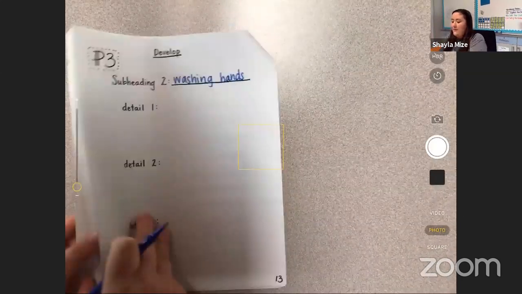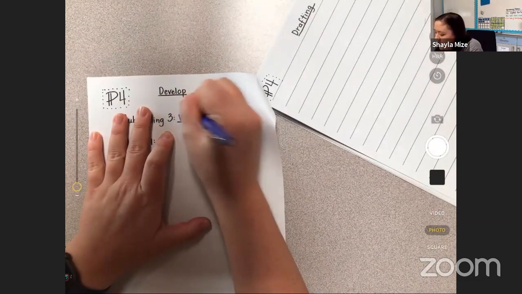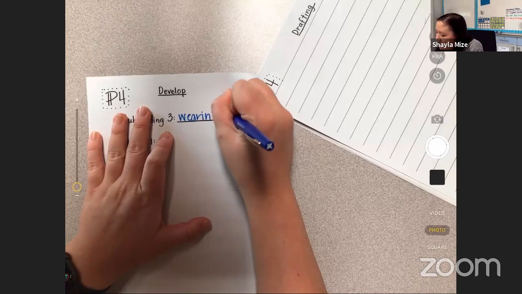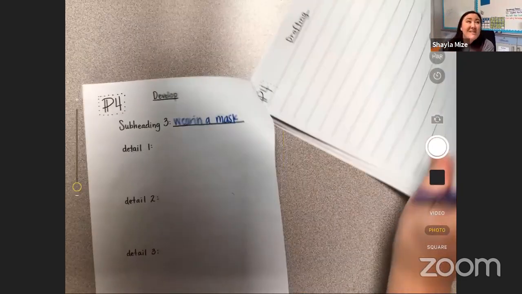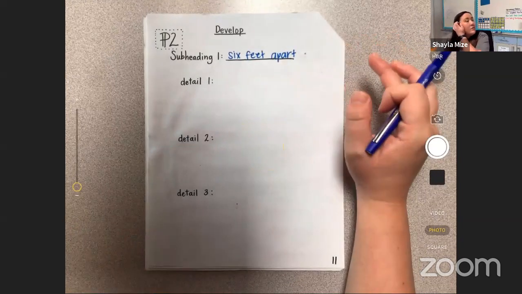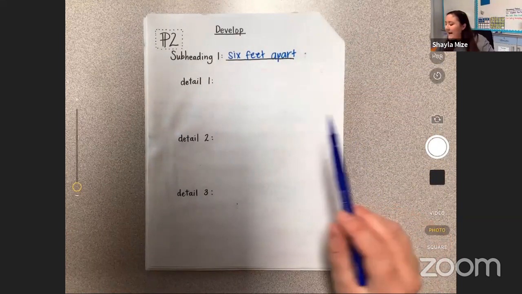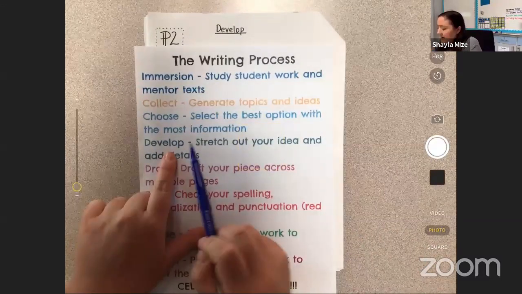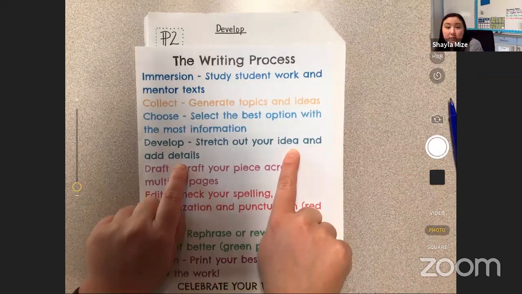And then my last one is wearing a mask. So remember, those are your subheadings. Those are titles to what's about to be said in your paragraph. Okay, so today I'm only going to focus on paragraph 2. And now we're starting the developing stage, which is stretching out our ideas and adding details.